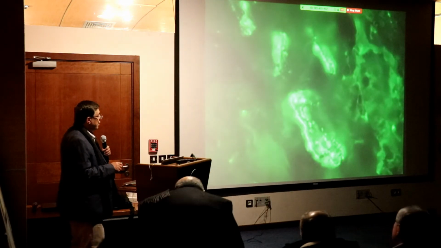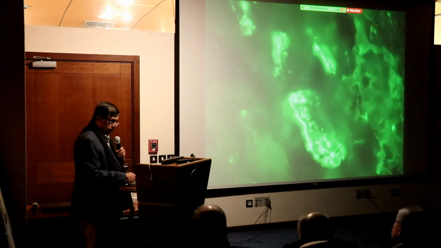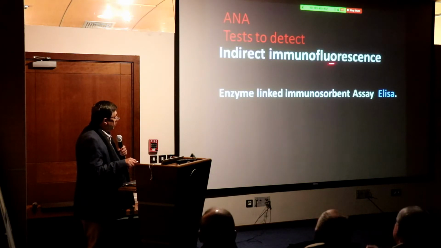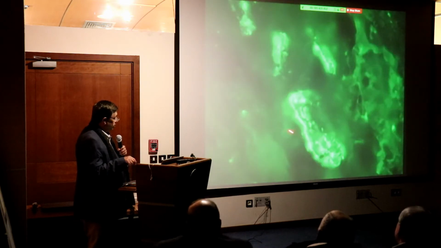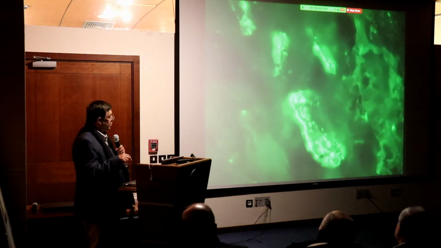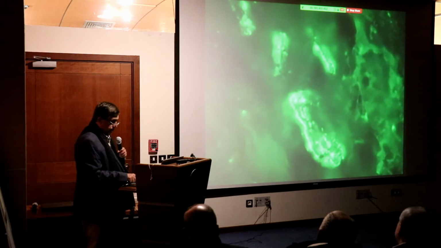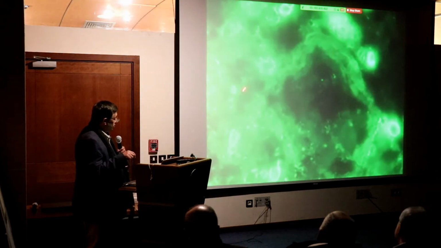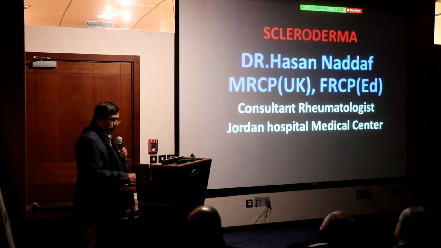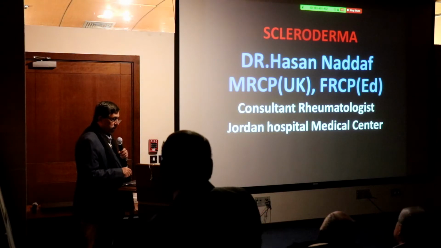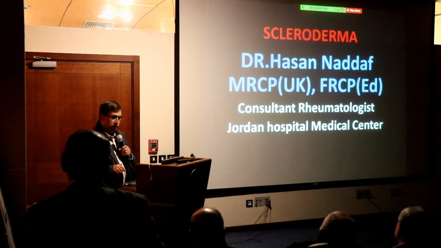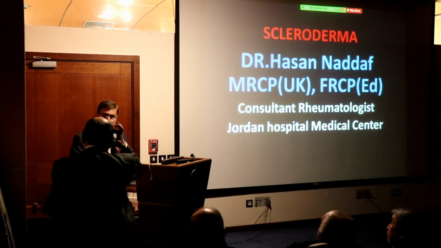I also benefited from seeing what immunofluorescence is. This is the immunofluorescence, and you can see IgG in the endothelium of tissues, like this one. So, without any more introduction, I'll ask Dr. Hassan Daf to give us a brief about this disease.